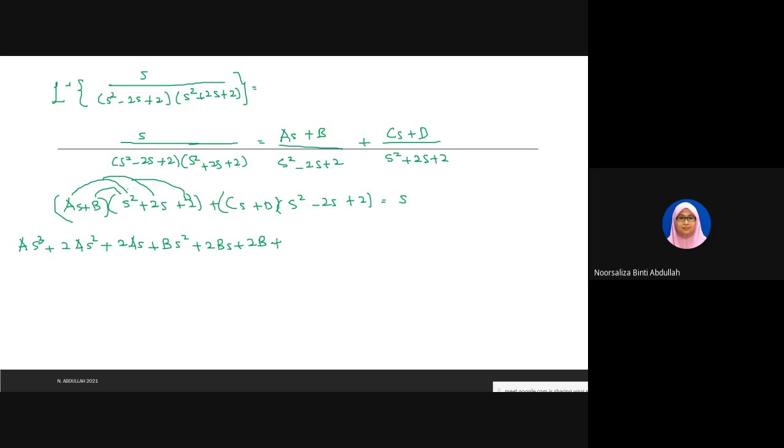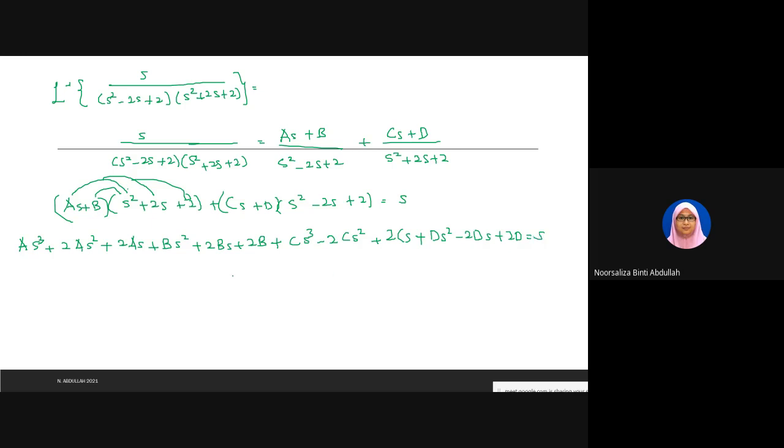Plus sini pula, you have CS kuasa 3 tolak 2CS kuasa 2 tambah 2CS tambah DS kuasa 2 tolak 2DS tambah 2D sama juga dengan S.